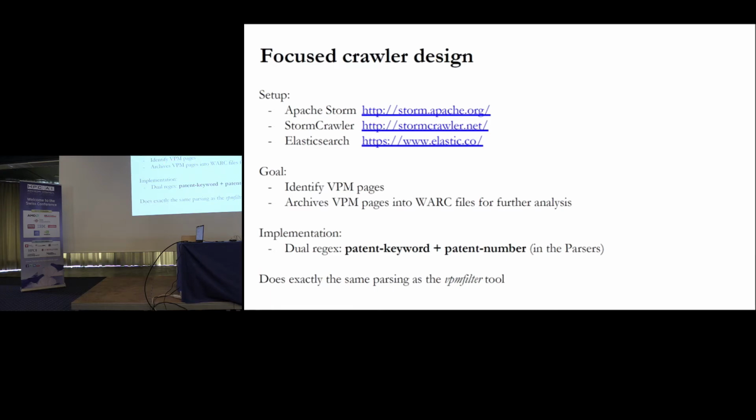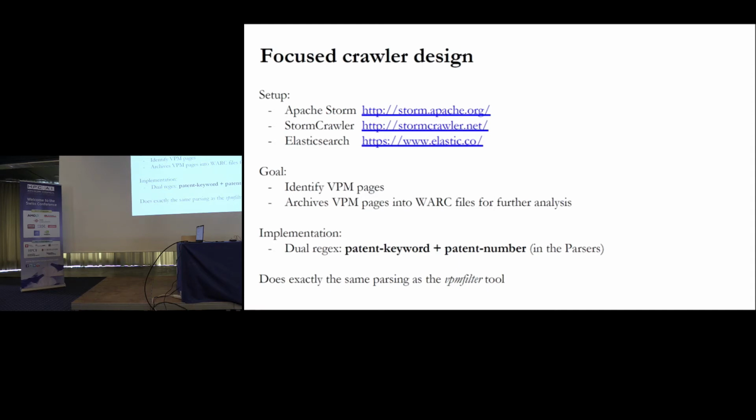Of course, we want to identify pages where you potentially have products related to patents and archive those pages into WARCs. These are web archive files that you can either leave where you did the crawl, or download to your own infrastructure to further process the data.